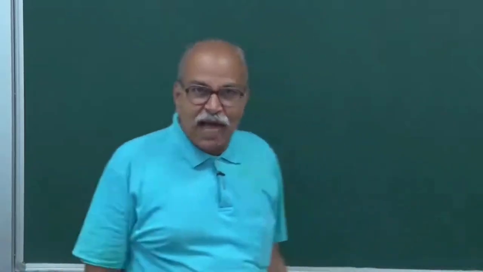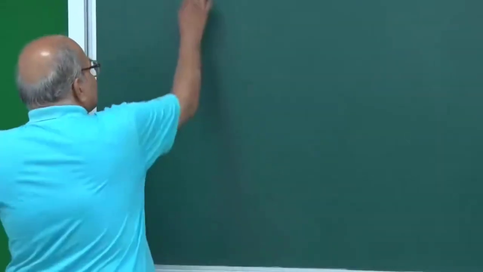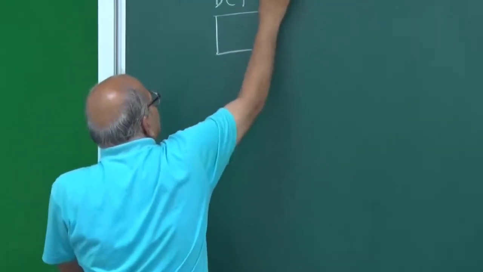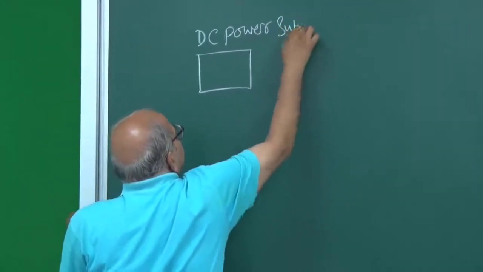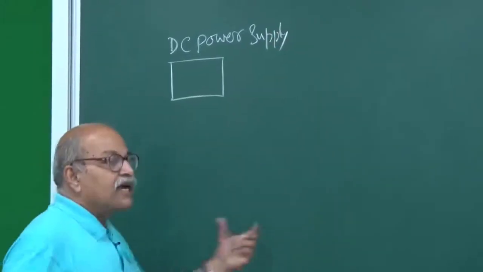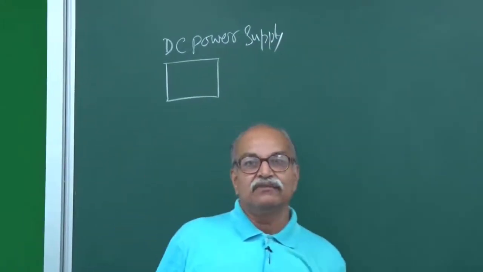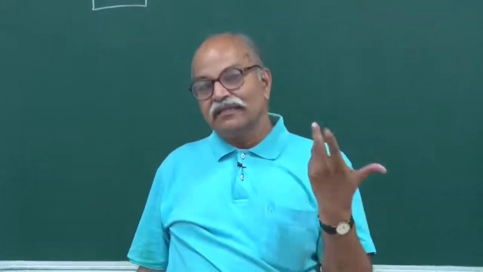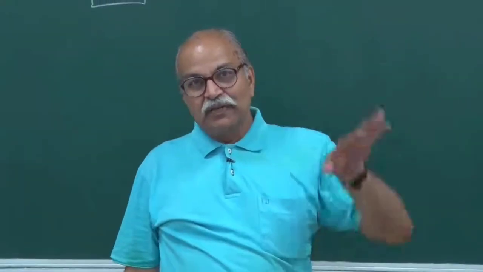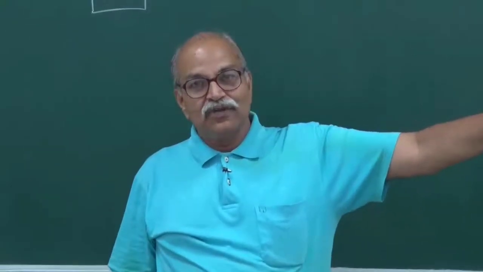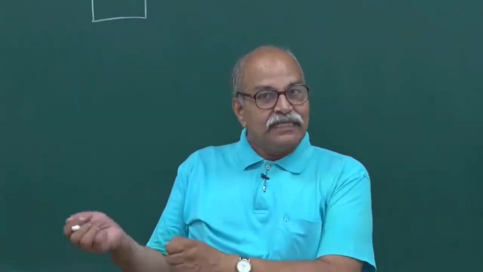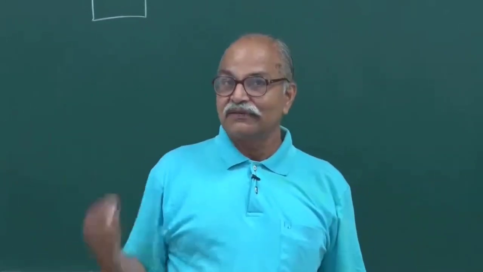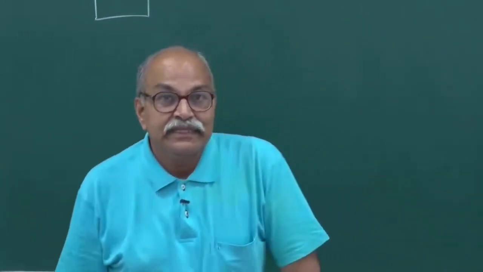But normally it doesn't happen like that. If you have a DC power supply, like our adapter, the chargers which we use with our mobiles or with our cameras or with our laptops, that charger is nothing but a power supply. We put it in that 220 volt socket, and then on the lead what appears is a DC of some 3.2 volts or whatever that appliance needs.